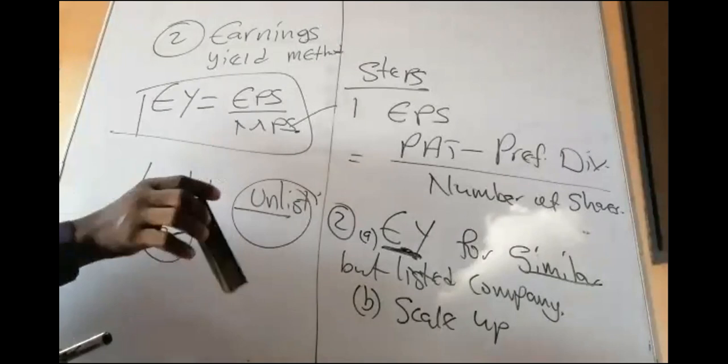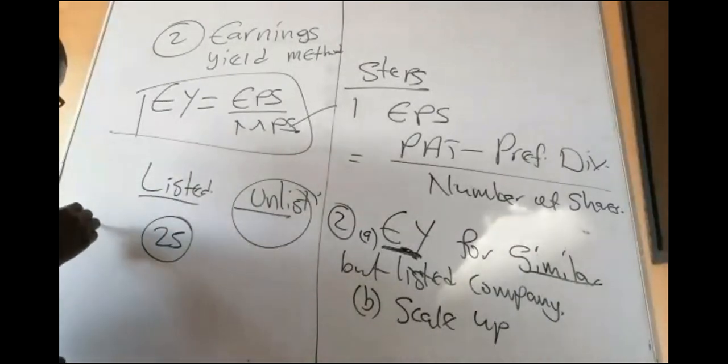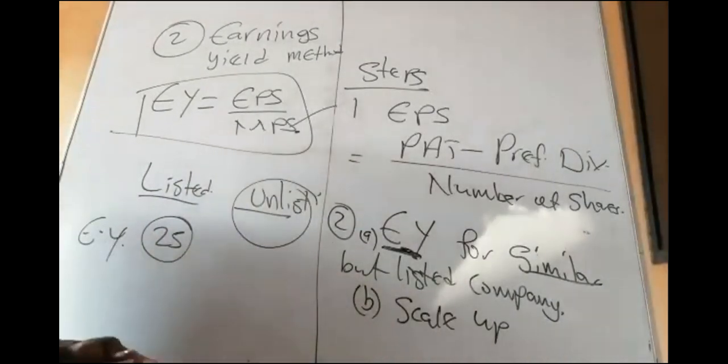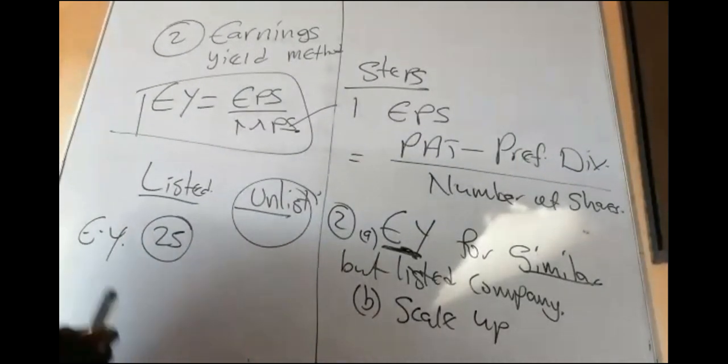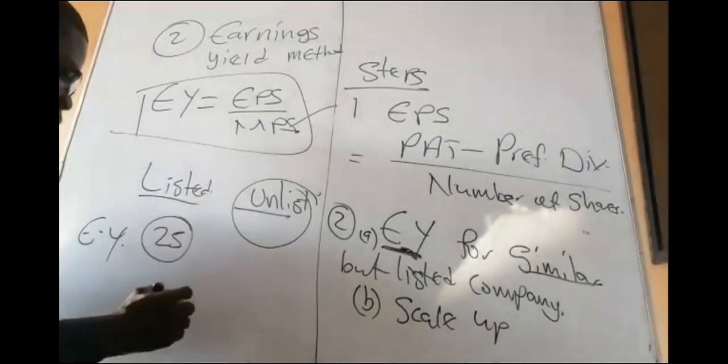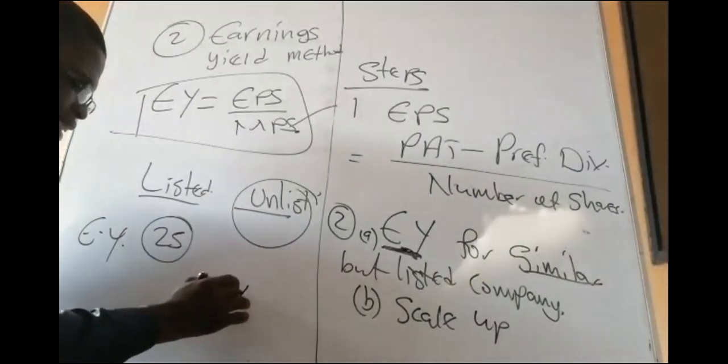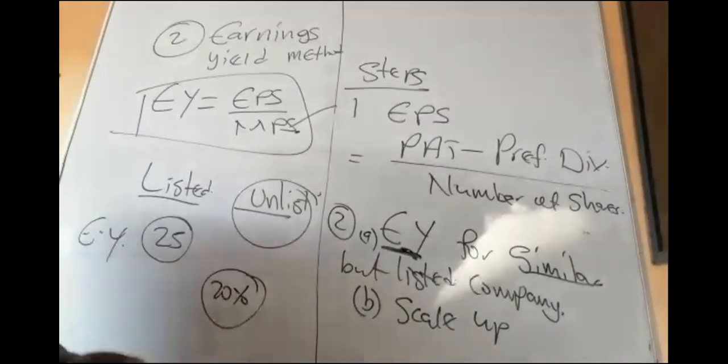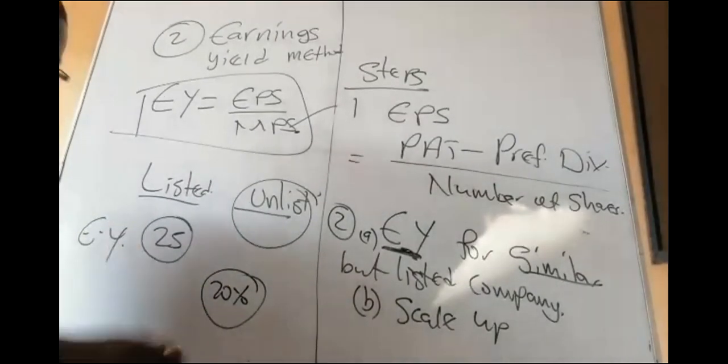Then you assume a risk factor. Sometimes the examiner might indicate the risk factor for you. If not, select your own. Tell the examiner that usually an unlisted company will be, let's say, 20% riskier than a listed company.